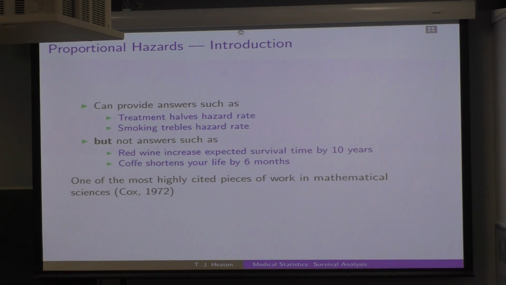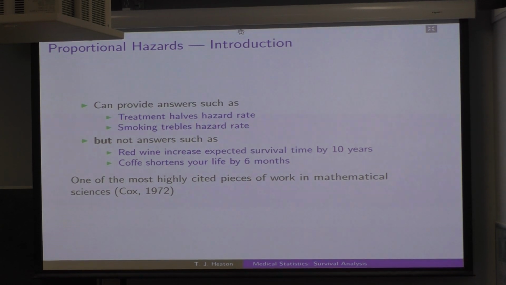Proportional hazards is going to be able to answer things like: if you give somebody a treatment, then their hazard rate is half what the hazard rate was if they didn't get that treatment, or if somebody smokes, then their hazard is 3 times the hazard of somebody who doesn't smoke.